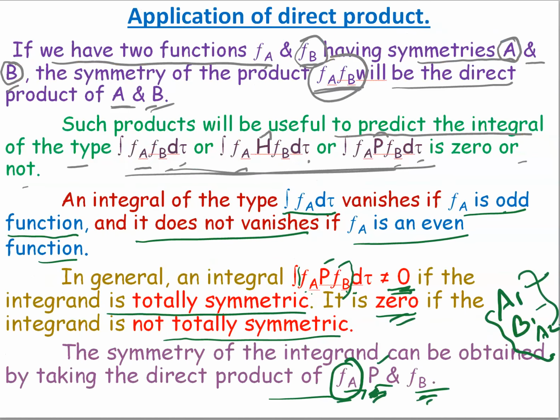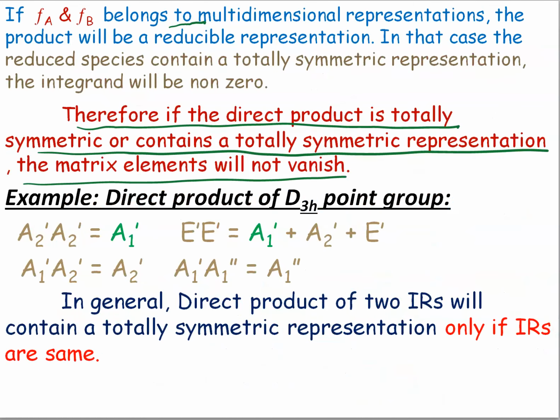That is, we are taking fa P fb, the direct product of fa, P and fb. fa has a symmetry like A1, P has a symmetry like B1, suppose fb has a symmetry like A2. Direct product of these three. If it is totally symmetric, then it will not vanish. The integrand will not vanish. Okay, that is an important thing.